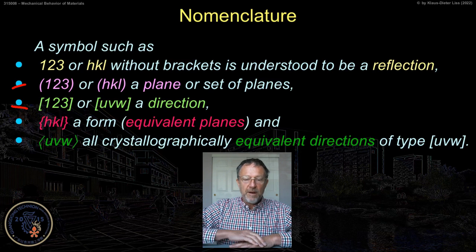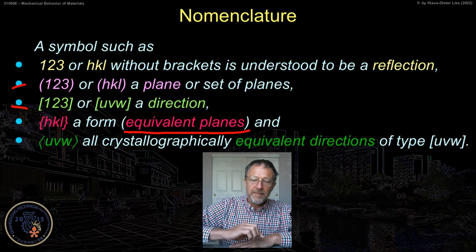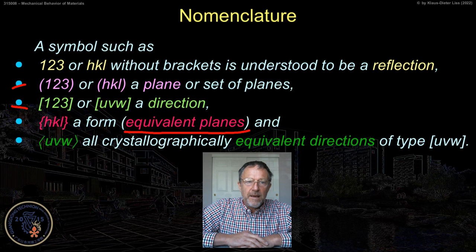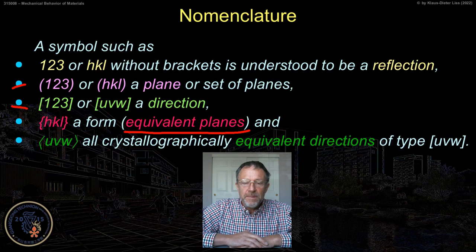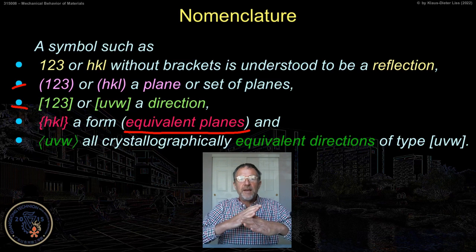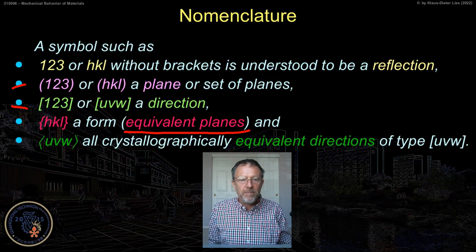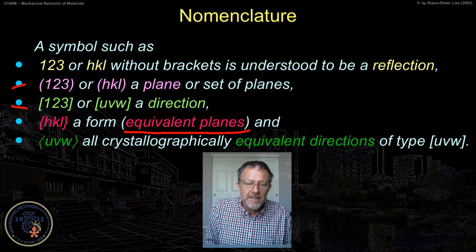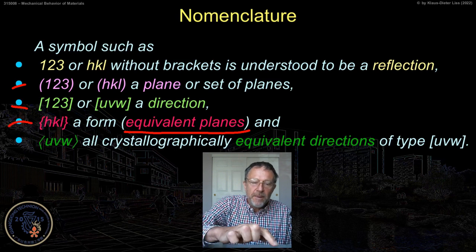Furthermore, we have now equivalent planes. That means in a cubic, for example, the 1, 1, 1 plane and the minus 1, 1, 1 plane and the minus 1, 1 plane and 1, minus 1, 1 plane. They are all of the same type, but they have different orientations. So in space they have different orientations, but they're the same type of planes due to the symmetry of the crystal, and we call them equivalent planes and put them into these curly brackets.